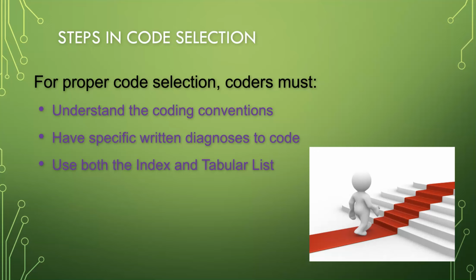We need to have specific written diagnoses to code. In other words, we need the documentation. We never assume in coding. And when we code, always remember to use the alphabetic index as well as the tabular list. So I'd like you to take out your ICD-10 CM book and have it with you as we go through this presentation.